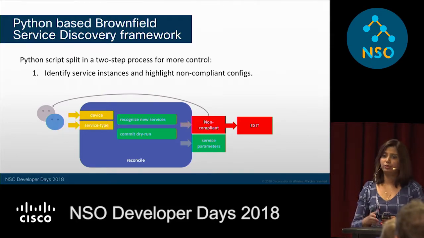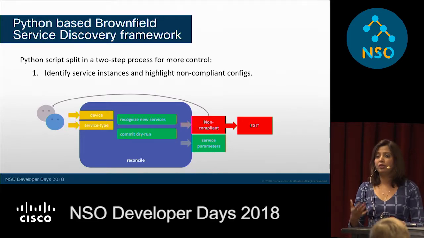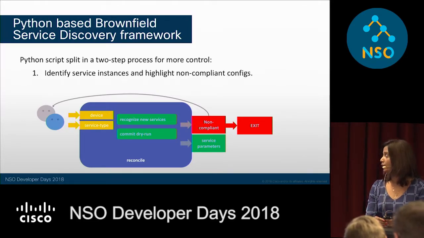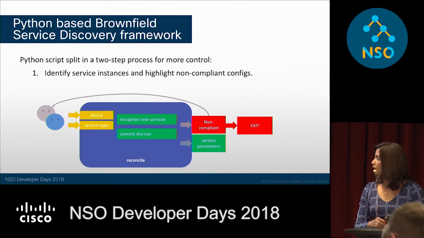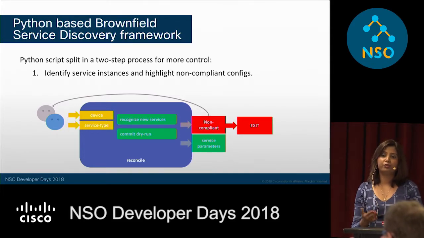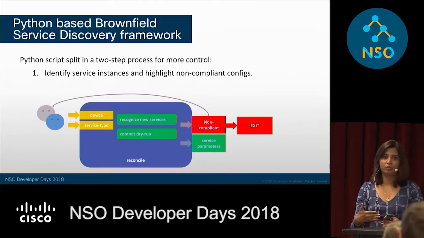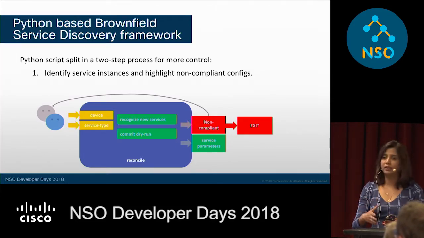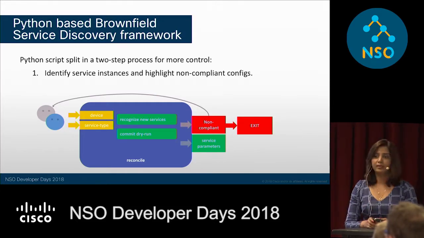We display that to the user, and this assists them in knowing early on what the non-compliant config is, and they could take appropriate action like manual cleansing, or alternatively, if they're okay with having NSO override those changes or accept the dry run differences, they could pass the service instances to the next step, which is the create services step.